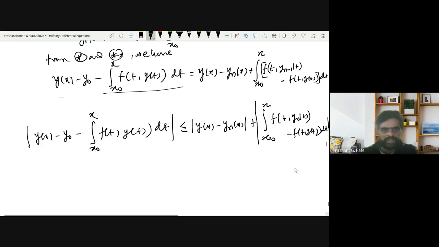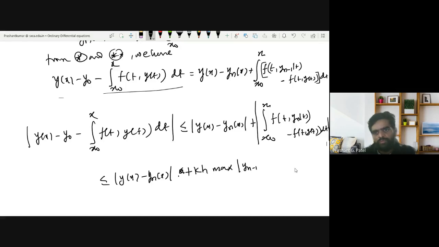So this I can write as less than or equal to y of x minus yn of x plus k h into maximum of yn minus 1 of x minus y of x, because of the above inequality, f of x y is a bounded function. So due to that we can have this for that k and for h also.